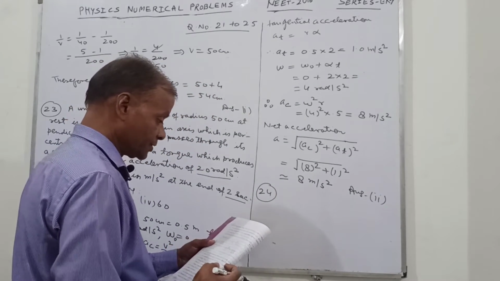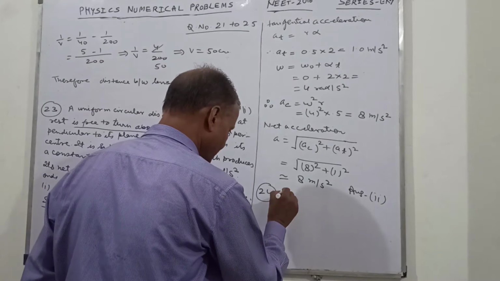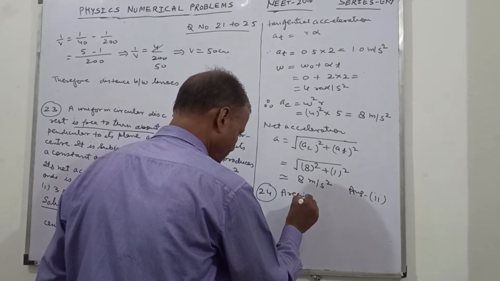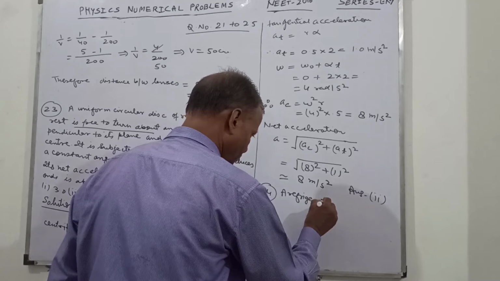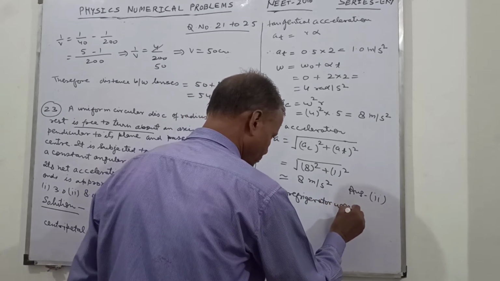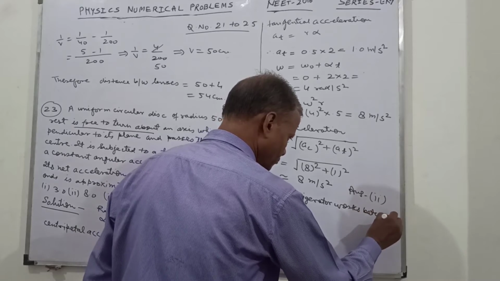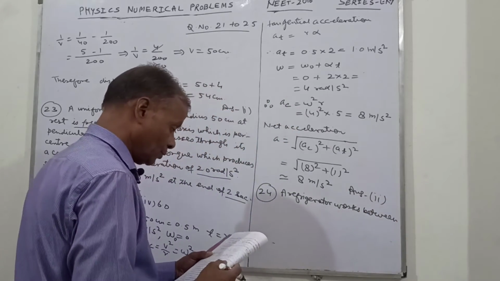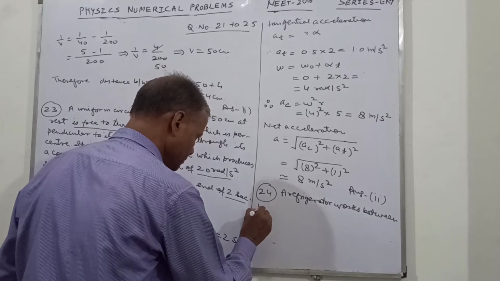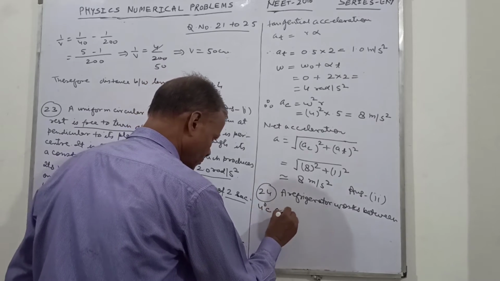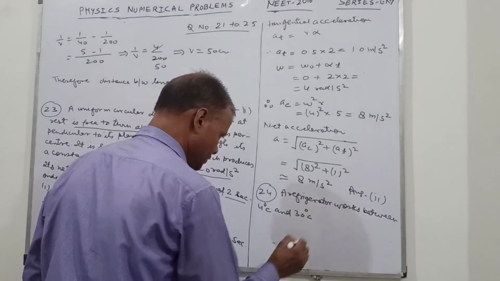A refrigerator works between 4 degrees Celsius and 30 degrees Celsius.